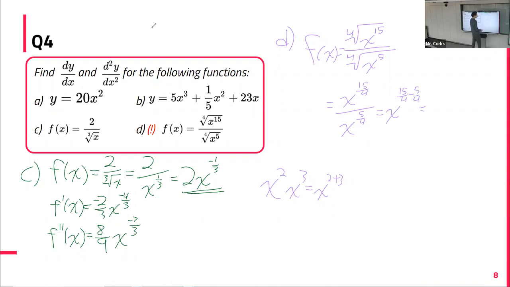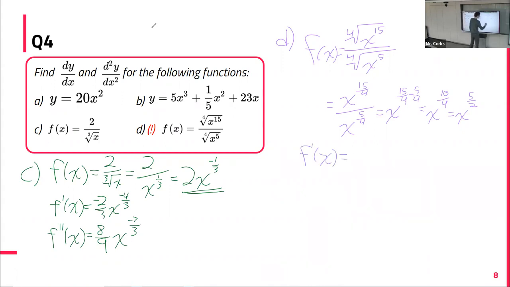And then we just simplify that thing. That's x to the exponent 10 over 4, x to the exponent 5 over 2, like this. Okay, so now it's reasonably simplified, so we can do our derivatives from this point.